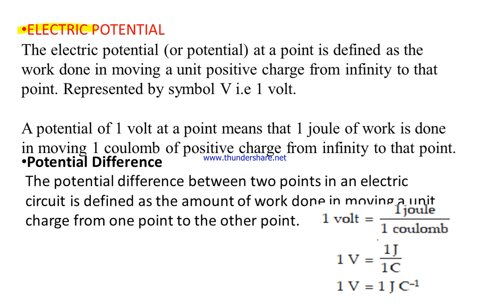Charge also has the ability to move from one point to another, but it requires work done, or energy, to move a unit charge from infinity to a particular point. That is known as the electric potential, and it is represented by the symbol V, or 1 volt. This is the definition of 1 volt: when 1 joule of work is done, or 1 joule of energy is spent, in moving a unit coulomb of charge from infinity to a particular point.